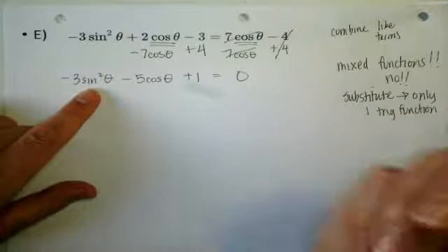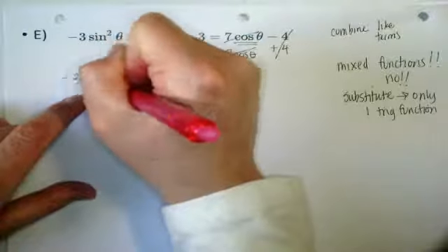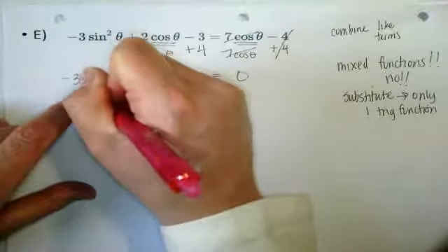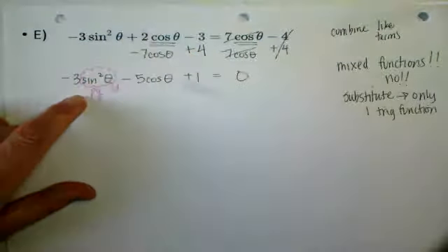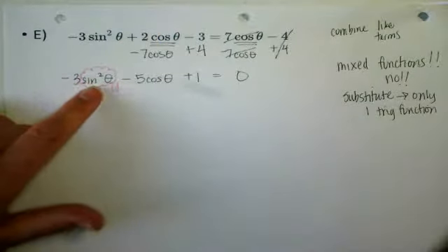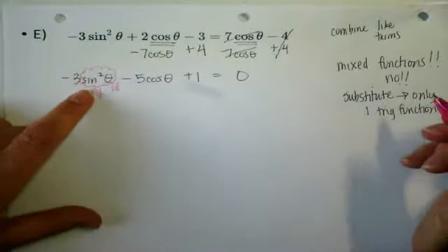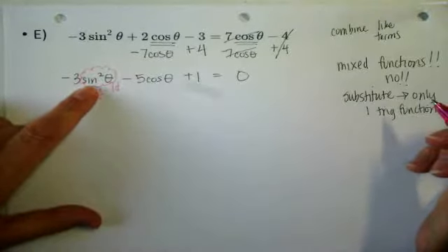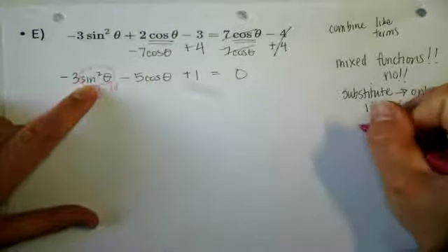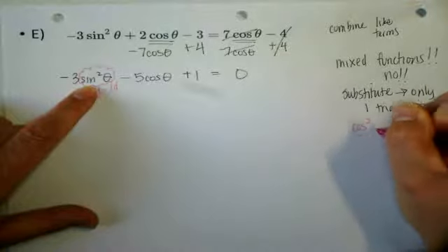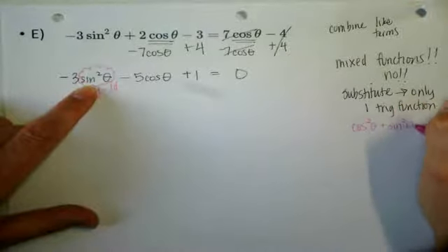So let's see. When I see something being squared, I'm automatically going to my Pythagorean identities. So I want to do something to replace that sine squared function. And so I'm thinking, what Pythagorean identity has sine squared in it? Cosine squared theta plus sine squared theta is equal to 1.